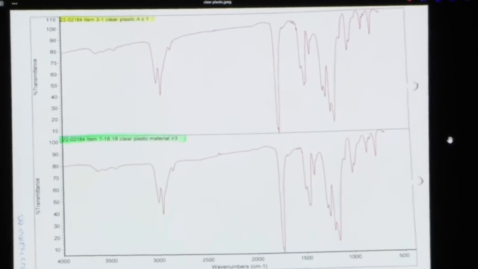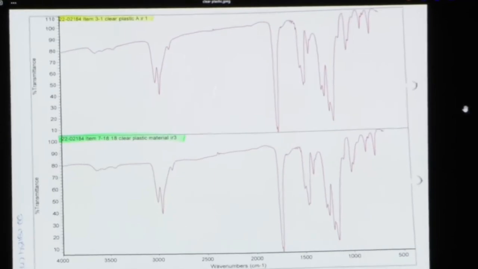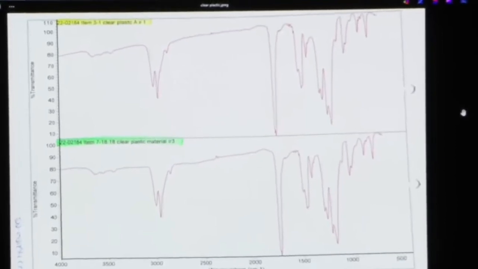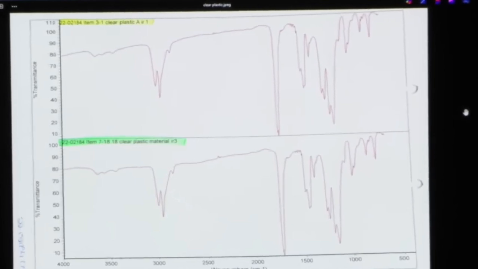And Ms. Hanley, using the laser pointer before you, if you could direct the jury's attention to which is which as far as the top and bottom. The top spectrum is item 3-1, and the bottom spectrum is item 7-18.18.